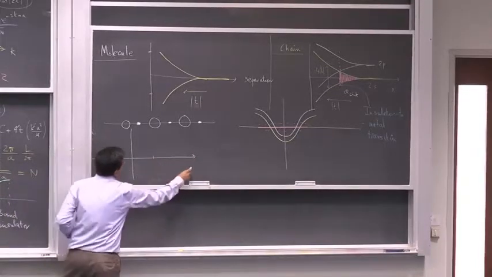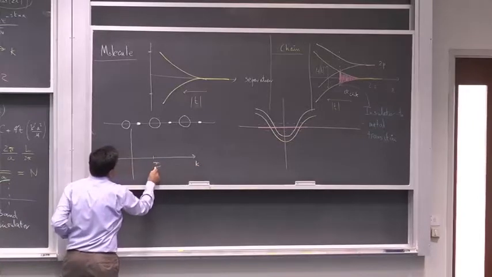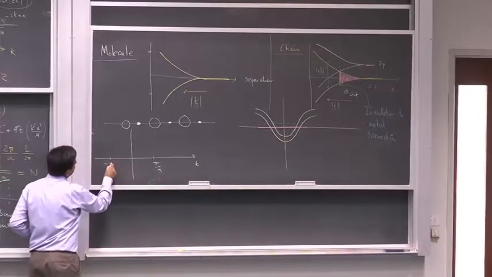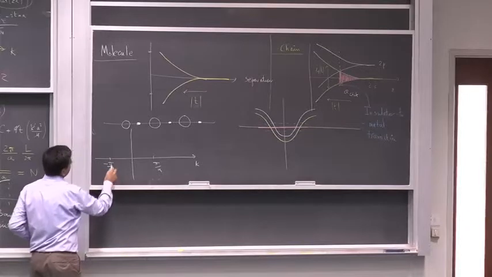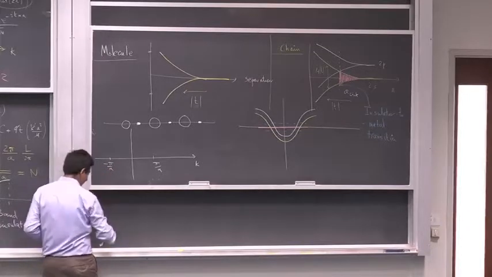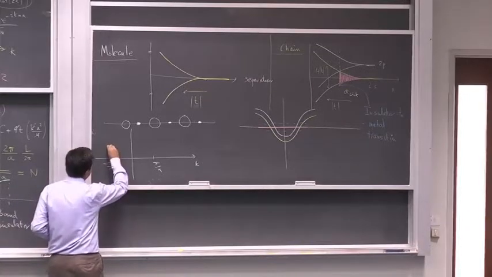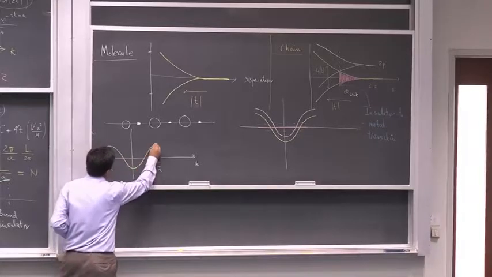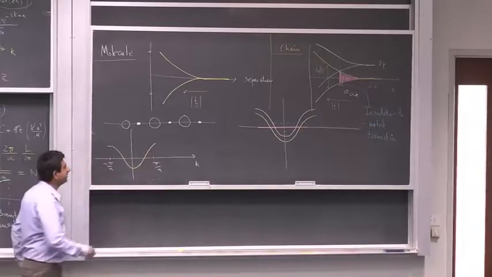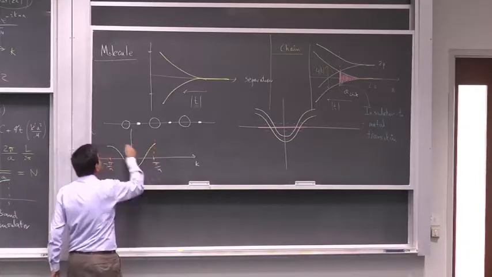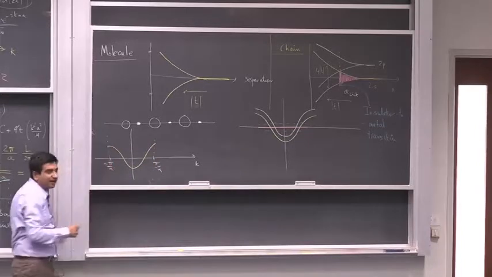This is the k-axis, this is pi over a, this is minus pi over a. Then at the boundary of the Brillouin zone, a gap opens up.